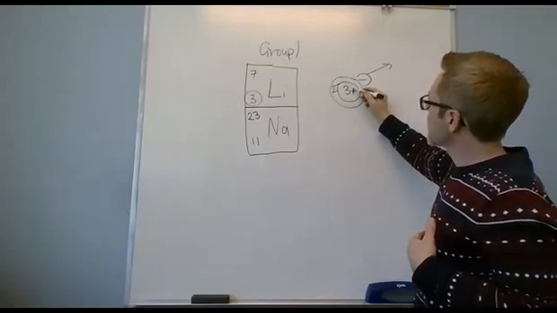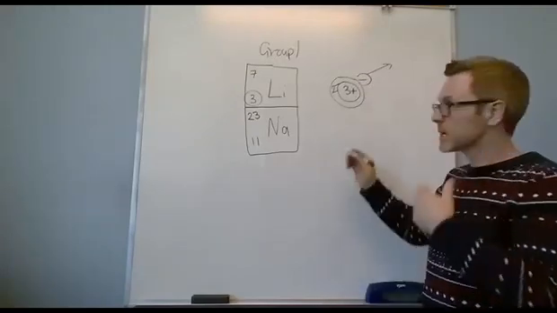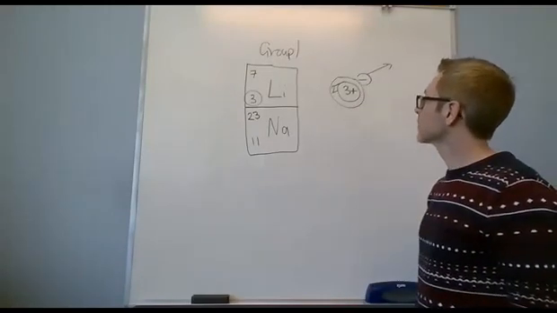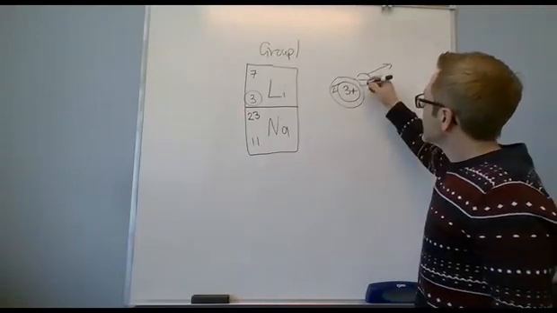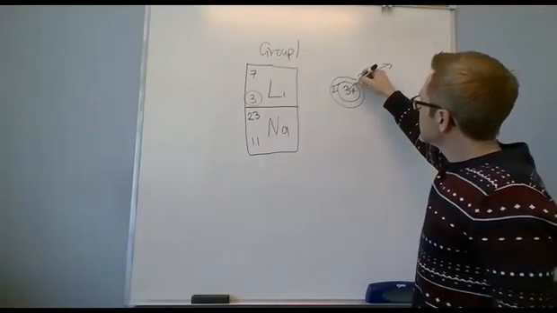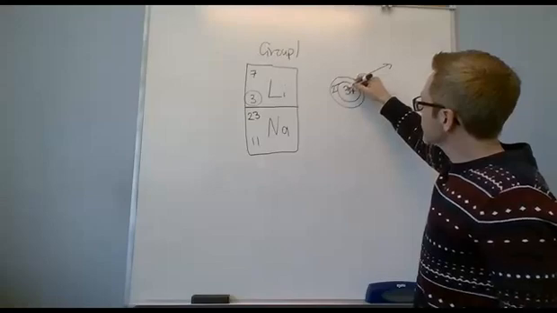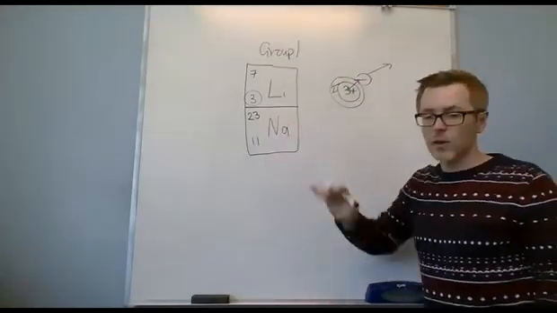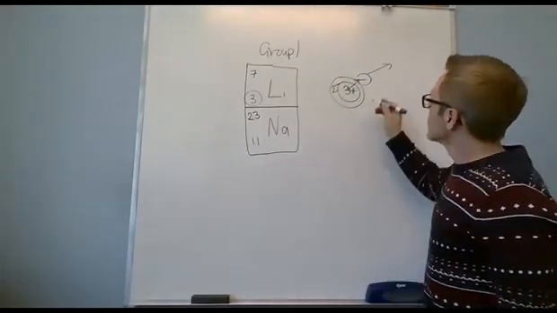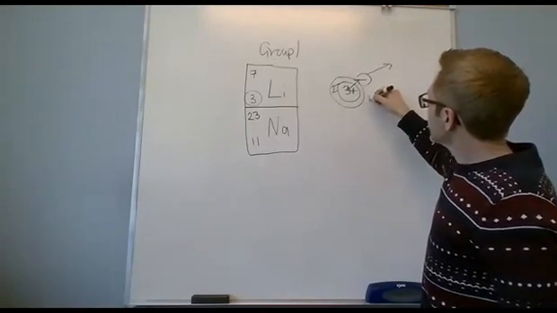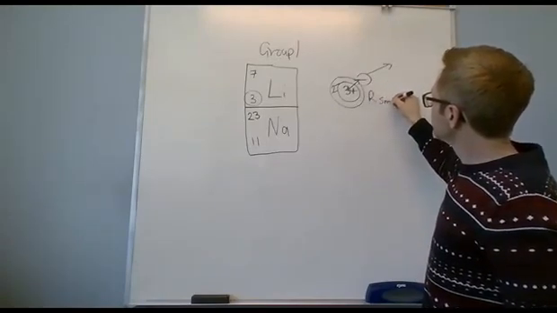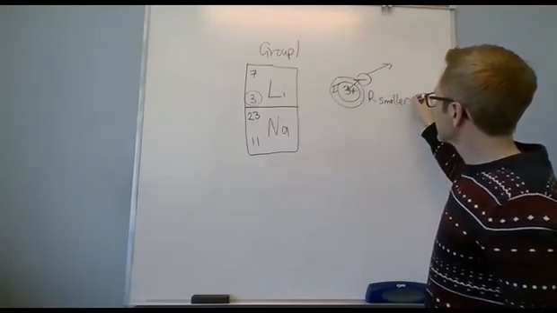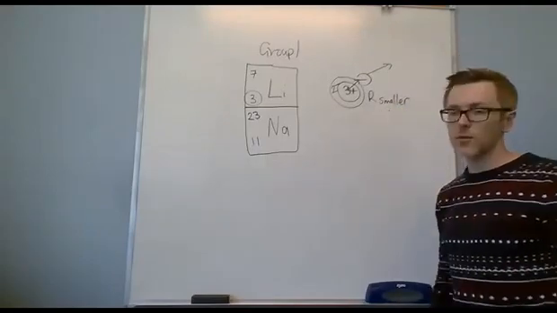But ultimately, it's being attracted by the protons because opposite charges attract. Now, the distance between the center, the radius here, we know lithium is smaller than sodium. So it's got a smaller radius.